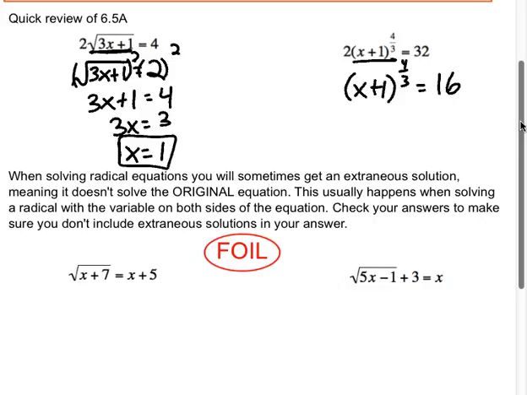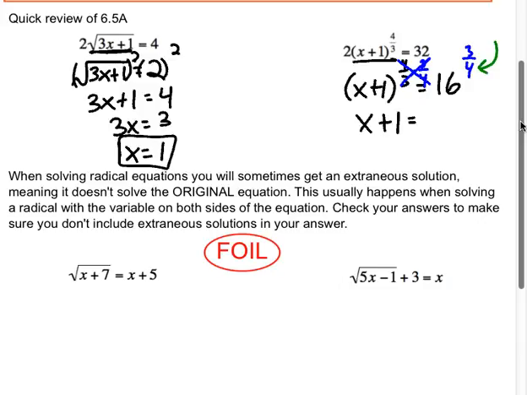Now that I have it isolated, remember to undo the fractional exponent. To undo that, I need the reciprocal. So the reciprocal here is going to be 3/4. So that's going to break free that x plus 1. And now this is what you need to keep in mind.